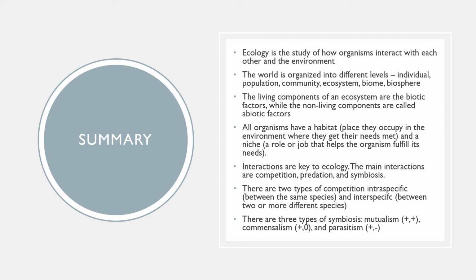So the main interactions are competition, and there's two types: intraspecific between the same species and interspecific between two different species. You have predation, where a predator will eat its prey, and you have symbiosis, mutualism, where both are benefited, commensalism, where one is benefited and the other is neutral, and parasitism, where one is benefiting by hurting the other.